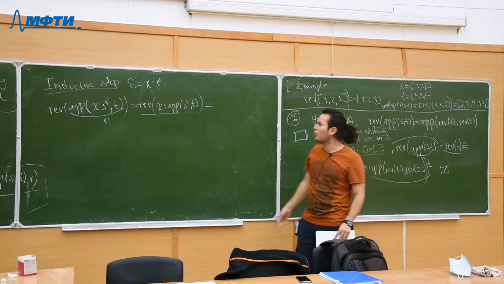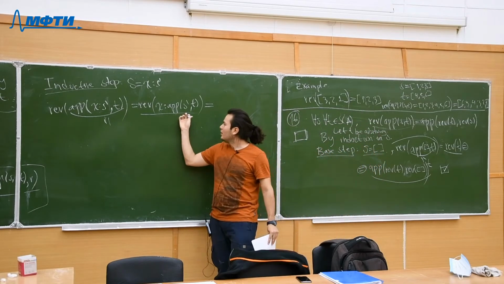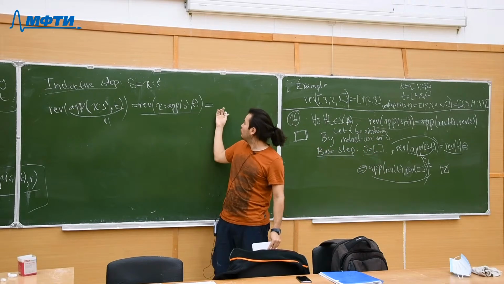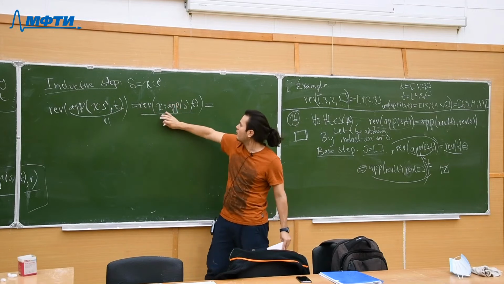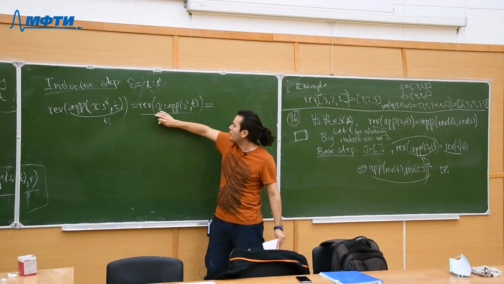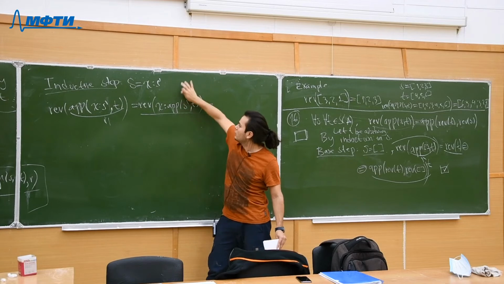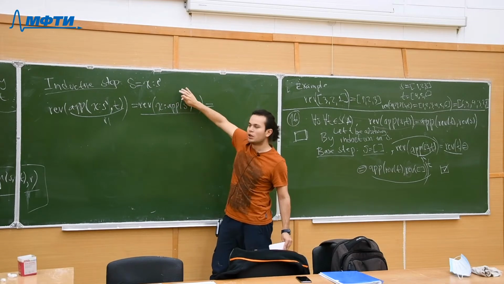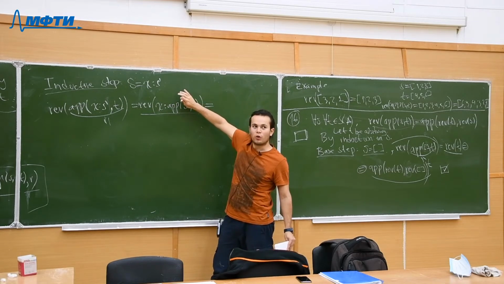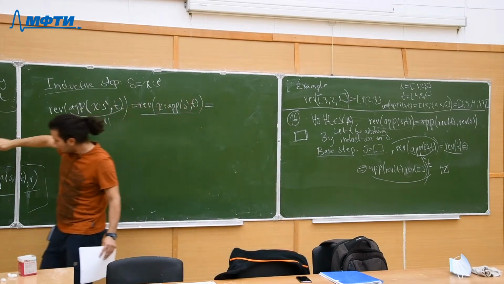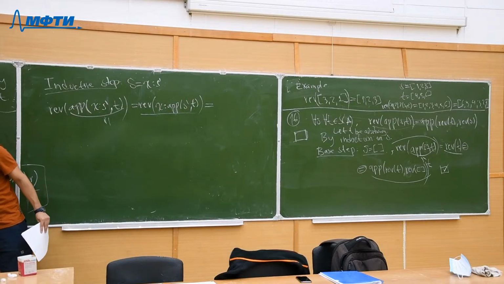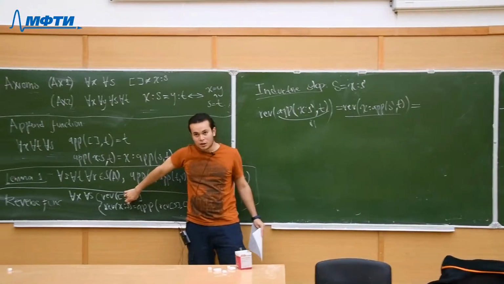So we need to find what value we need to put here if we are looking for the reverse function of something. So we have the reverse function of X column some string. So we need to look at the definition, right? So what's the reverse function of X column some string?